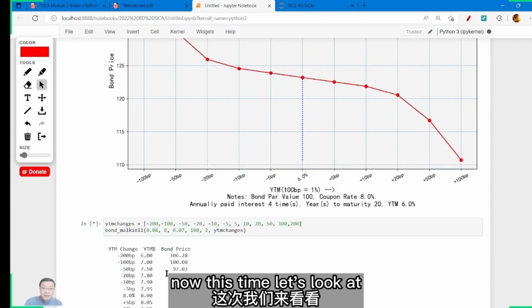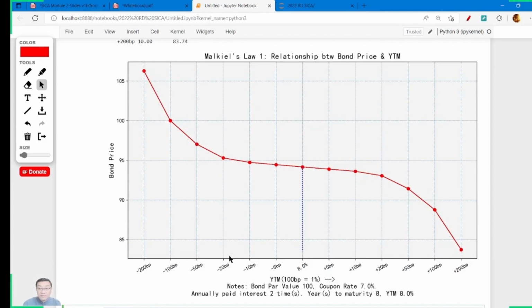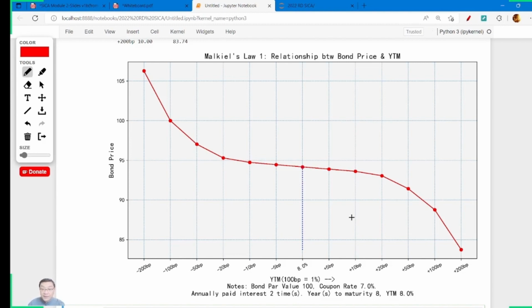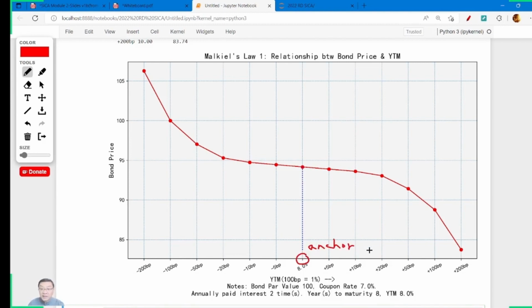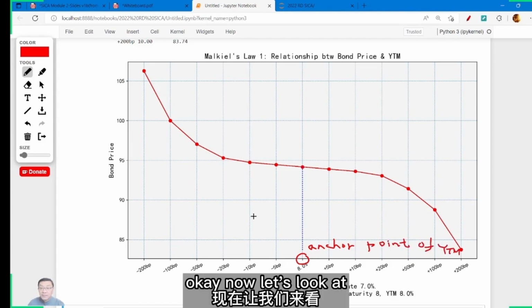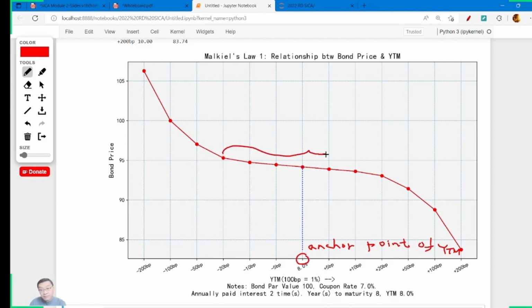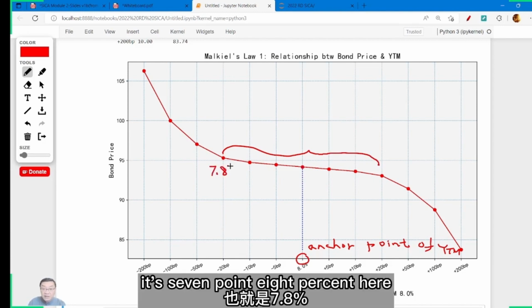Now, this time, let's look at the situation. Okay, this time we find some changes. This is our anchor point of YTM. Now let's look at the range of YTM from here. This is 8% minus 20 BP, 7.8% here.